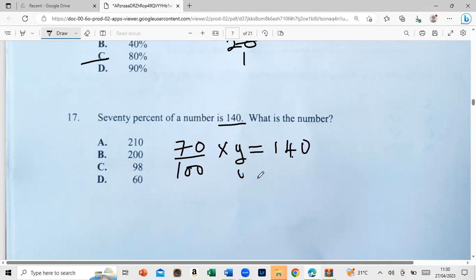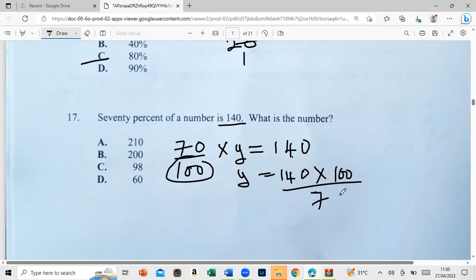I'm going to transpose now, so what's being multiplied, we divide, and what's being divided, we multiply, taking the inverse of it. So it's times 100, and then we divide by 70. Now we can cancel 7 into itself 1, 7 into 14 is 2. So 2 times that would give us 200.